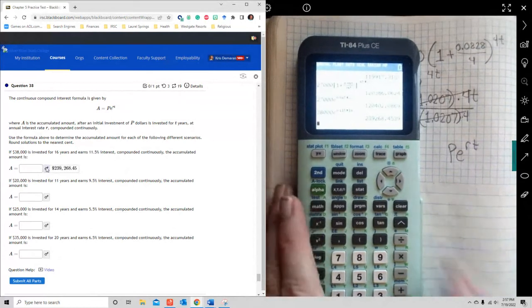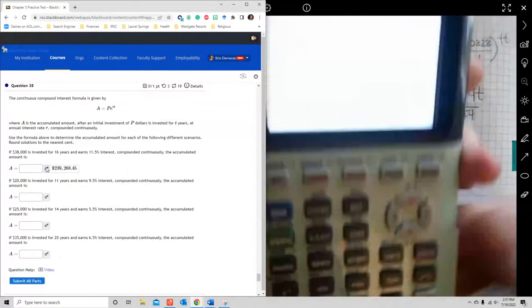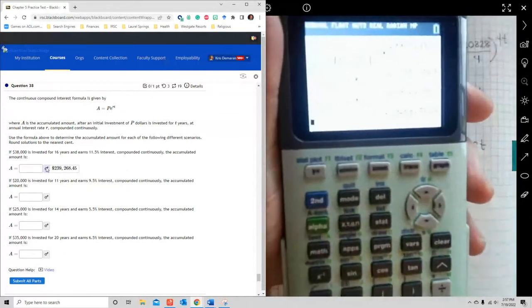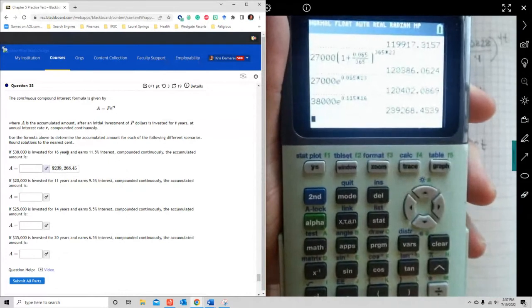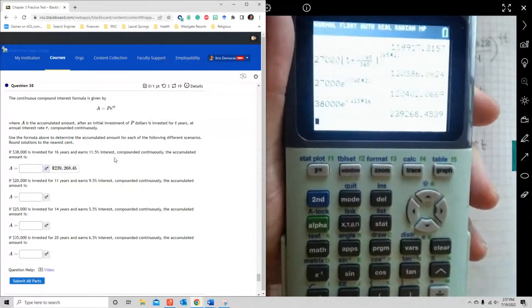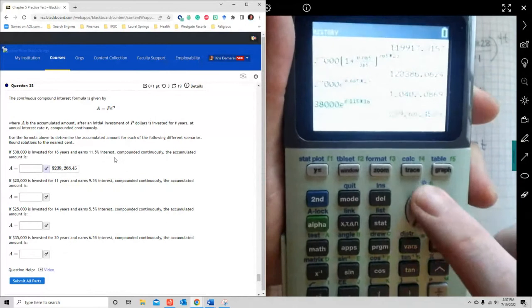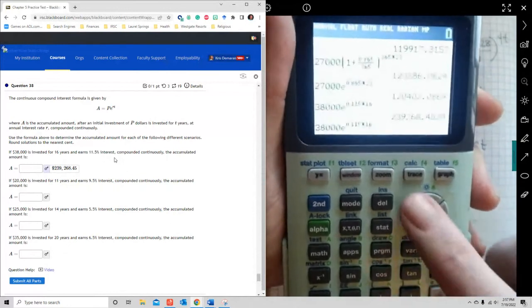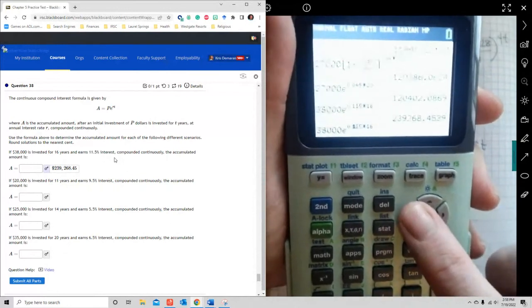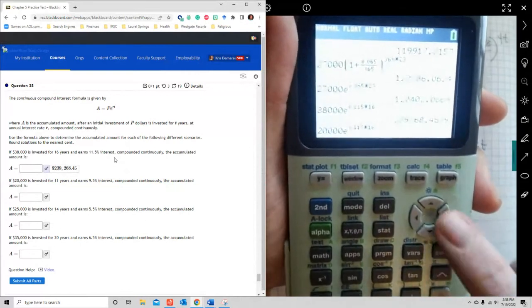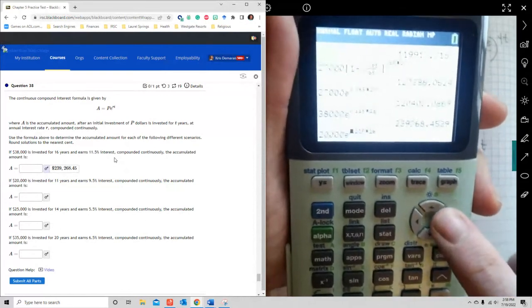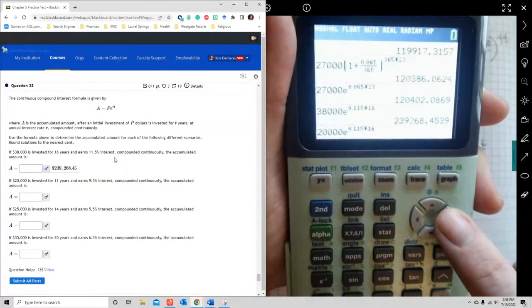This is just a matter of plugging in the calculator and hitting enter. All right, I just put it in the calculator. So I would again come up, hit enter, change it to 20,000. So 20,000 for 14 years for 6.5.